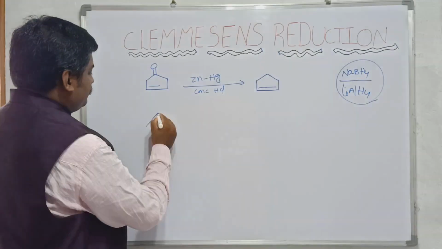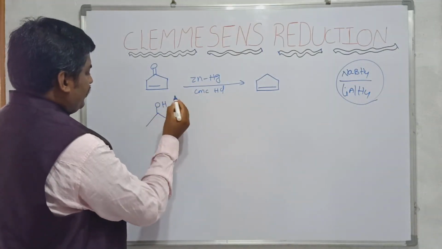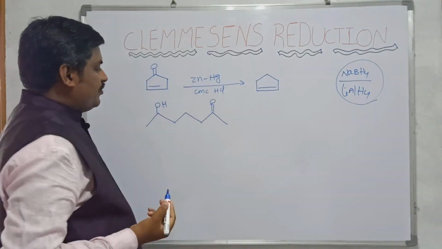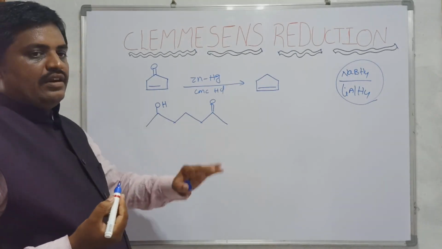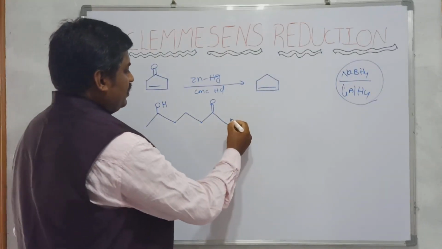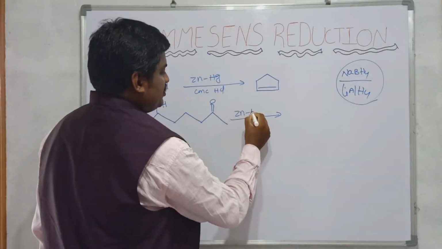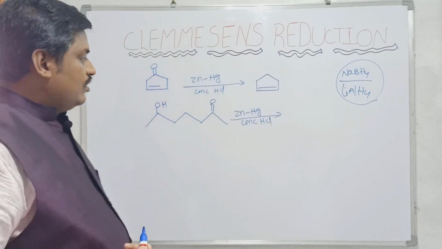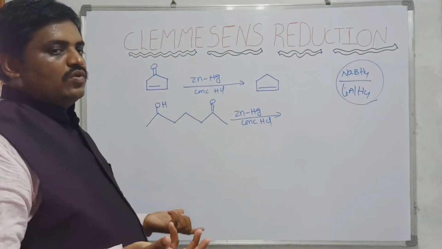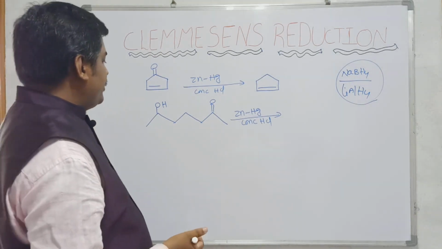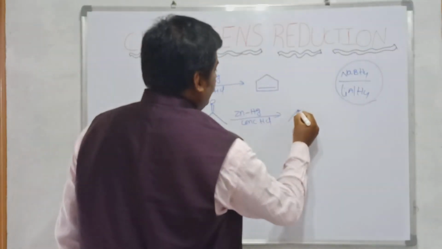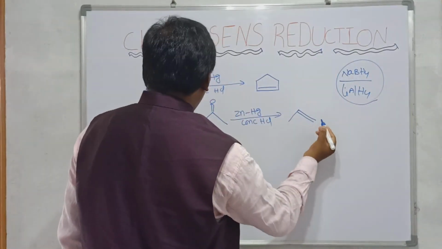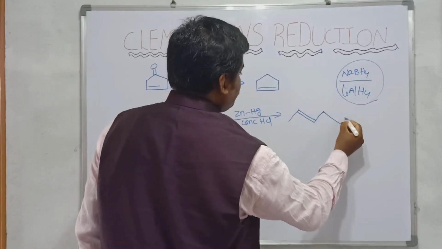For example, this is an important carbonyl compound, a delta hydroxy keto compound. This compound reacts with zinc amalgam and concentrated hydrochloric acid. As usual, the keto group is reduced to hydrocarbon, and the hydroxyl group is eliminated, meaning dehydration is possible.